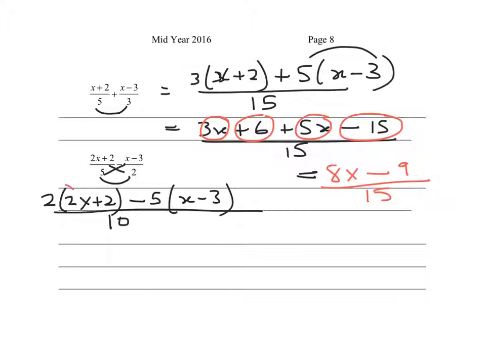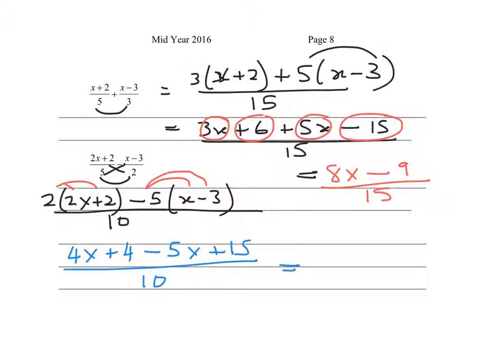So if I expand these brackets, I'm going to get 4x plus 4 minus, now remember it's a negative 5 times x and a negative 5 times a negative 3. So it'll be minus 5x plus 15, all over 10, which equals, I've got 4x and a minus 5x is minus 1x, and a 4 plus 15 is 19 over 10.